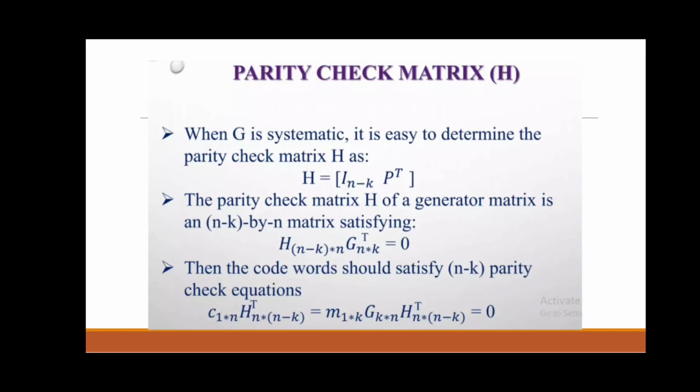Next, for decoding purposes, we use the parity check matrix, as we have discussed. For generating a code word at the transmitter end, we use the generator matrix.